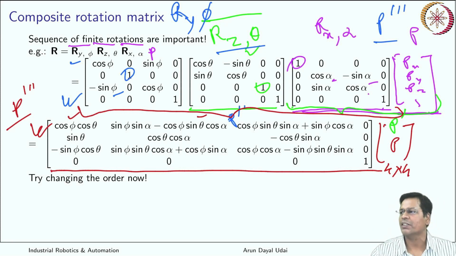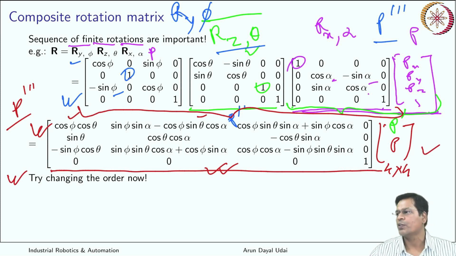Even for rotation matrices, results are different. That will take you to a different final composite transformation matrix if you change the order. So if you try changing the order, you can see where you reach. You will see this matrix itself is different, and so is its product with your initial point, and finally you will reach a new point.